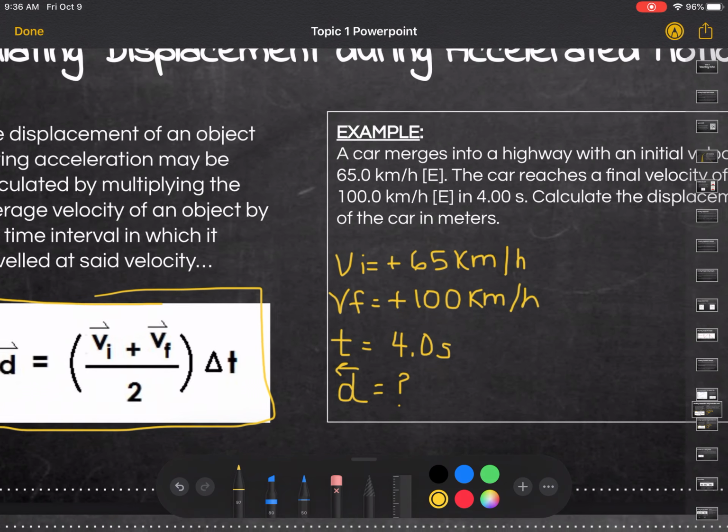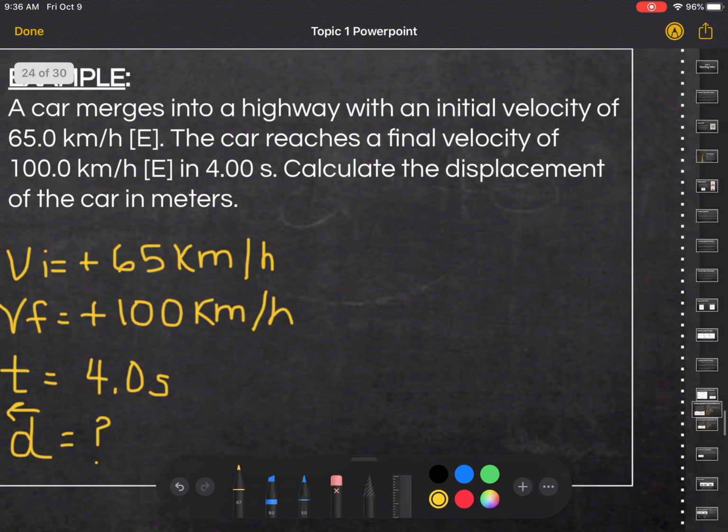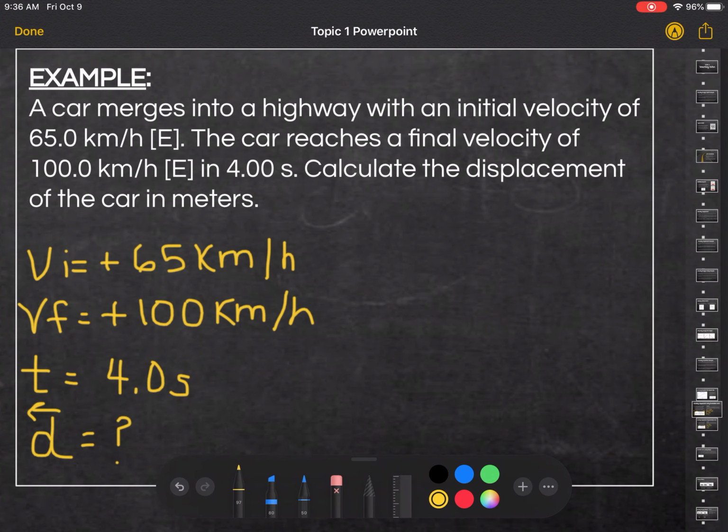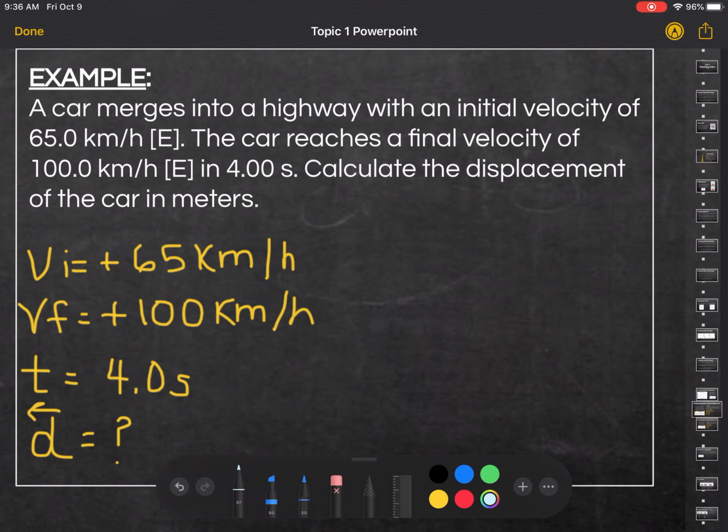If we look over at this formula over here, we've got all the pieces we need to solve this. So I'm going to just write this formula up at the top here, and then we can plug our pieces in.